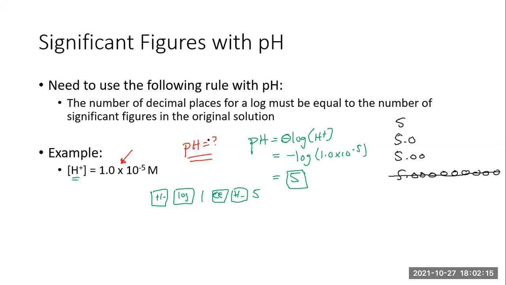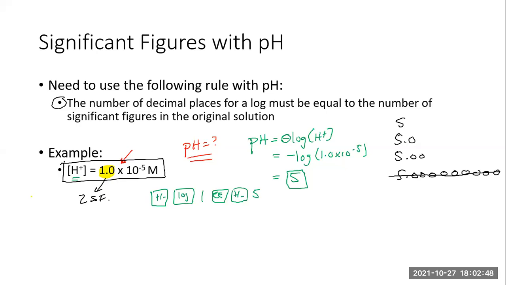So let's see what the significant figure rule really says. What the significant figure rule says is when you look at the concentration value, which is this value right here, we want to look at how many significant figures that number has. In scientific notation, these numbers right here are significant, which means the concentration value has 2 significant figures.